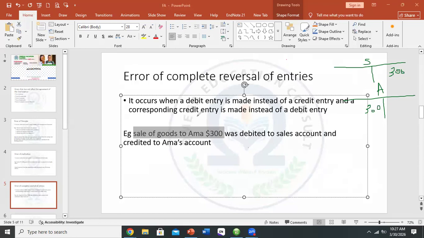This is the right thing that should have been done. But what did they do, or what happened? Rather, I'm using the red for the errors. So they opened sales all right, but instead of crediting, they debited sales. And then for Amma, instead of debiting Amma, they credited Amma.